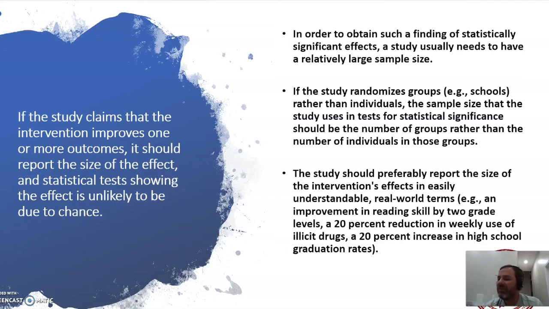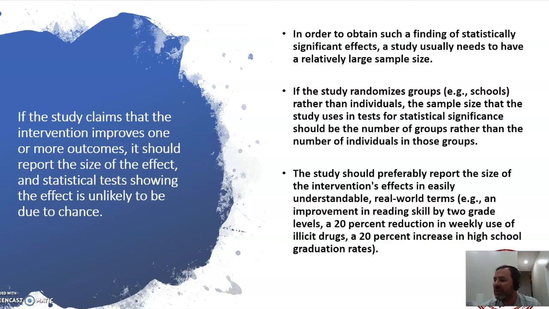It is important for a study to report the size of the intervention's effects in this way, in addition to whether the effects are statistically significant, so that you, the reader, can judge their educational importance. For example, it is possible that a study with a large sample size could show effects that are statistically significant but also so small that they have little practical or policy significance.